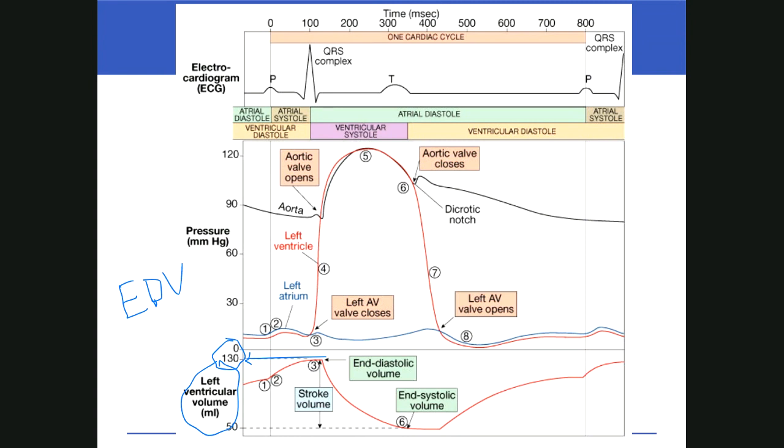And then the heart's going to squeeze. It's going to squeeze the blood out of the ventricle and into the aorta. So as soon as this valve opens and blood starts going into the aorta, look, the volume's going to go down. And if we follow this volume, look, it's going to go down, go down, go down.